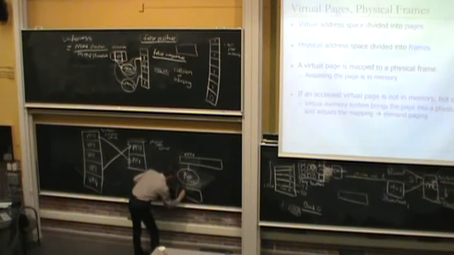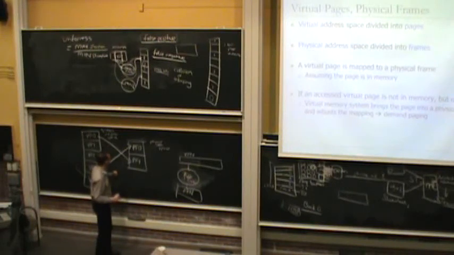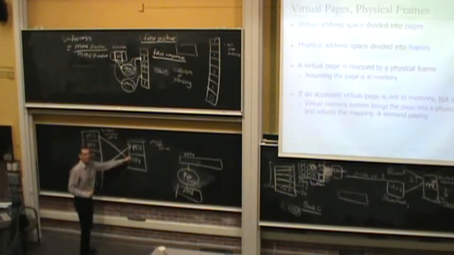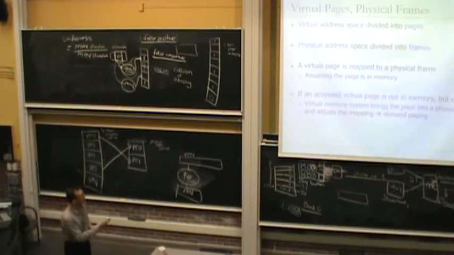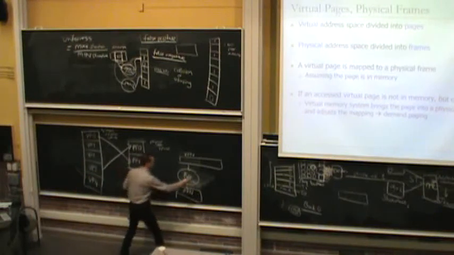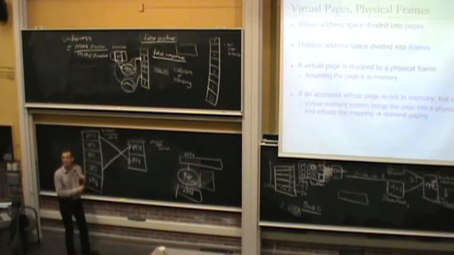To a physical frame number. But if the page doesn't exist in physical memory, then it needs to be brought into physical memory, right? So how do you do that? Basically, the virtual memory system brings the page into a physical frame and adjusts this mapping. So obviously, you need to maintain a mapping table here, and all of this needs to be managed, and this is called demand paging.